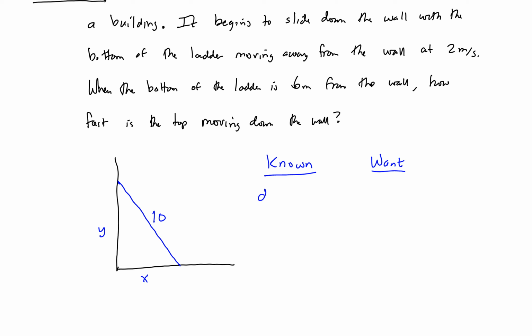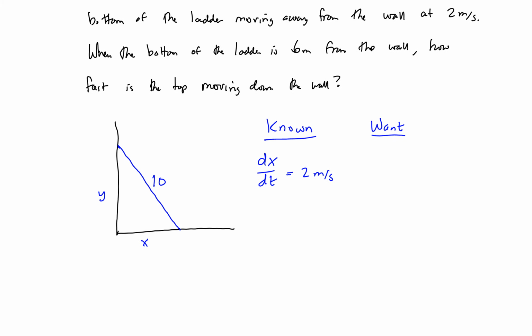So we're told dx dt is 2 meters per second. That's how fast the base is moving away. And we can also use the Pythagorean theorem to say x squared plus y squared is equal to 10 squared. And what do we want to know? We want to know dy dt when x is equal to 6.